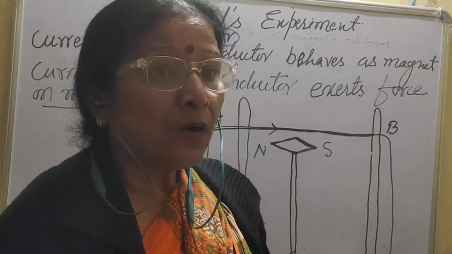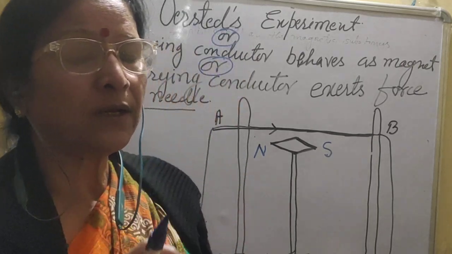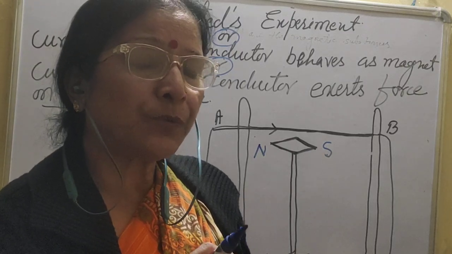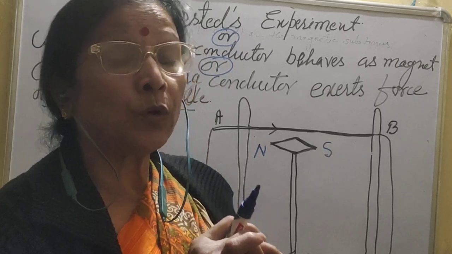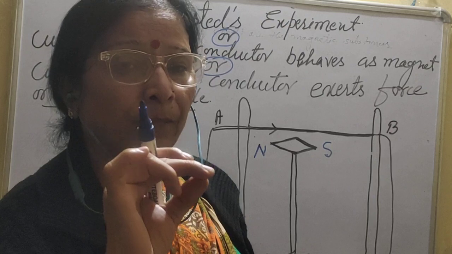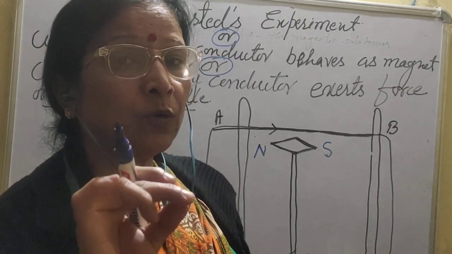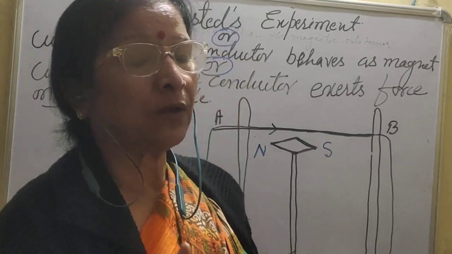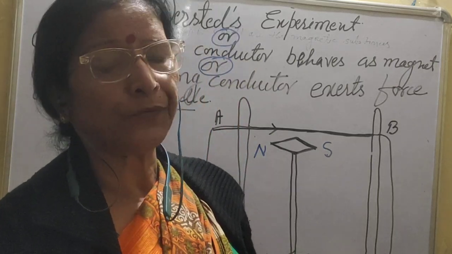It means that along that direction only, the north pole of a given magnet exerts force on the north pole of another magnetic needle, or the north pole of a freely moving magnet. So we have studied all these things about the magnetic lines of force.